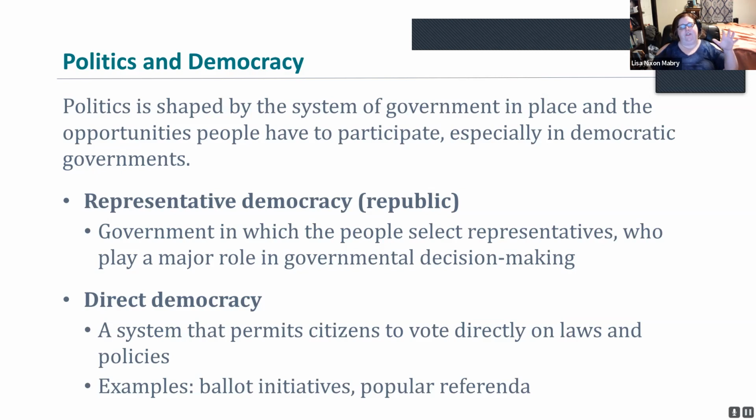Studies also show that the further down the ticket something is to be voted on, the less likely it is to have as many votes, because people are lazy. That's kind of what it boils down to. Presidency might be at the top, and then US Senate, and so for the higher stuff, people are generally looking for stuff they hear on the news all the time.